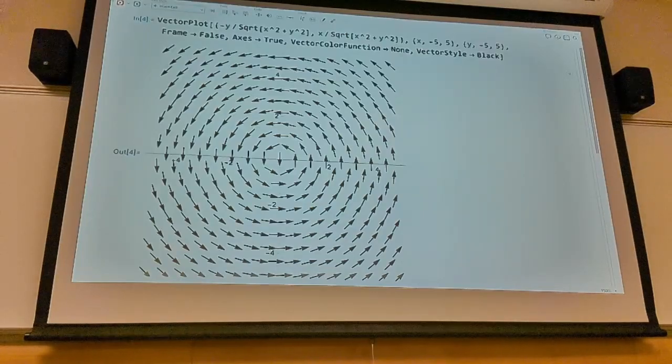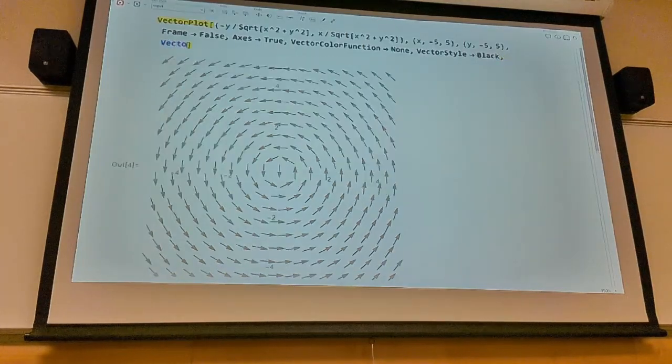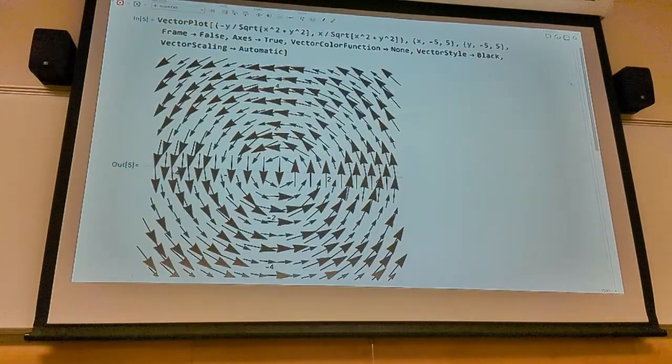I think the scaling is the one that I'm going to use. Yeah, that would then adjust your magnitudes.